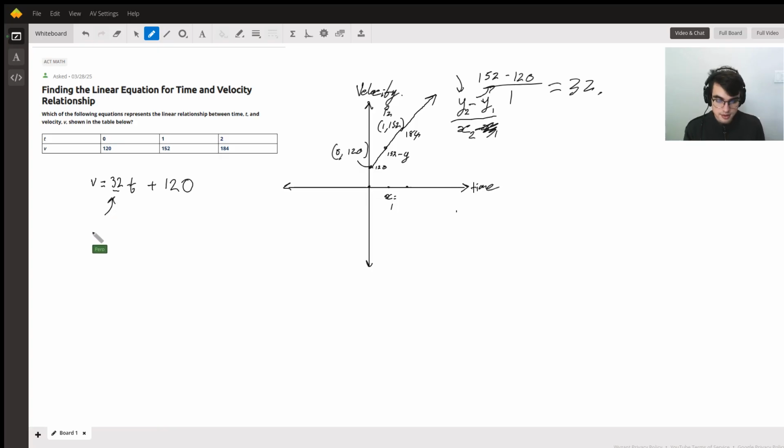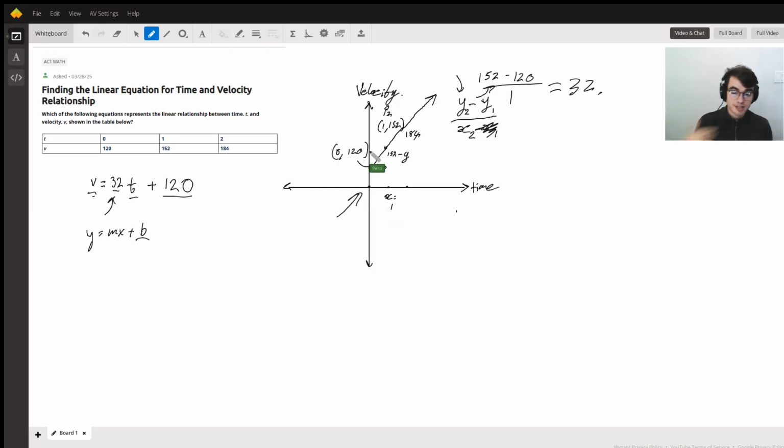Notice that this is in y equals mx plus b form, where this is the x and this is the y. That's the rigorous solution to this problem. Of course, the b term is wherever the line crosses the y-axis.